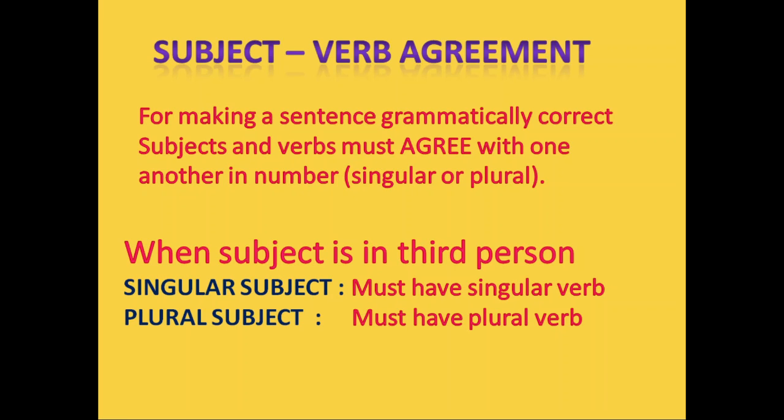Now let us understand what is the subject-verb agreement. For making a sentence grammatically correct, subjects and verbs must agree with one another in number, that is singular or plural. Now singular subject must always have a singular verb and plural subject must have a plural verb.